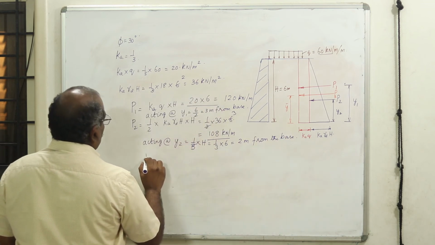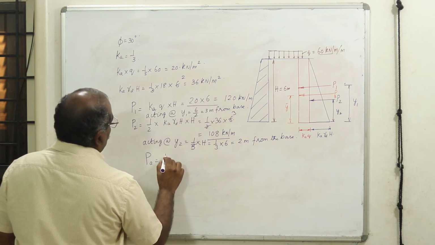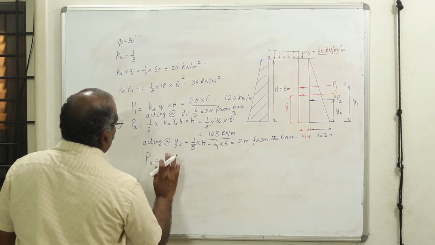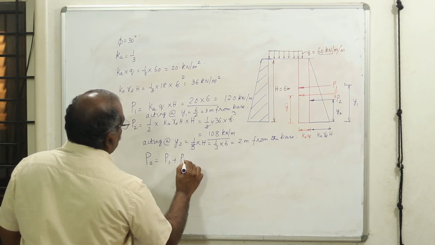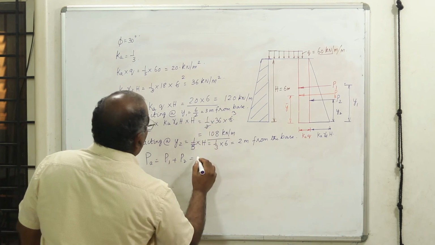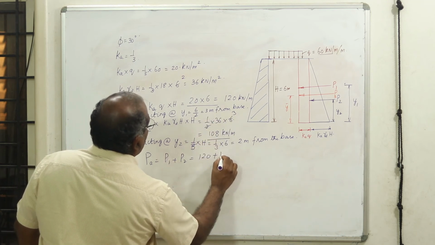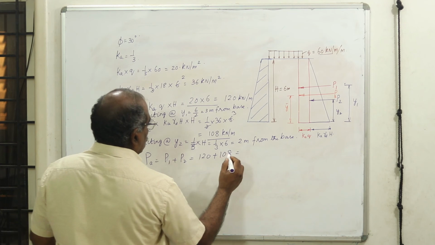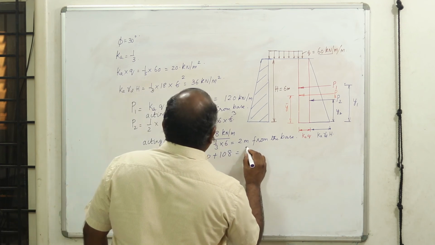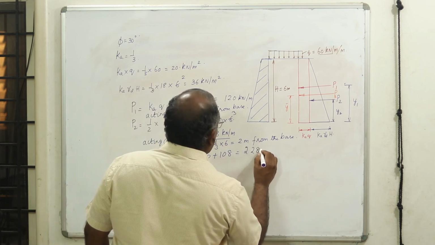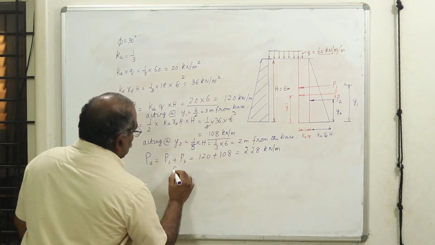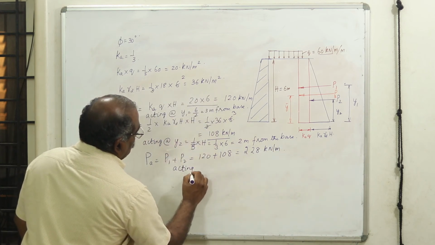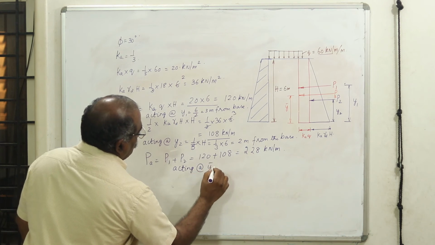Now what is the total thrust? PA is equal to P1 plus P2. P1 is 120 plus 108. This becomes 228 kilonewton per meter. This is acting at Y bar.